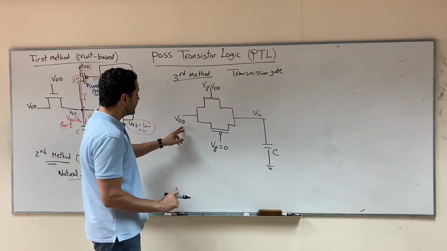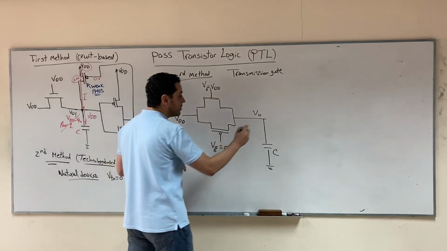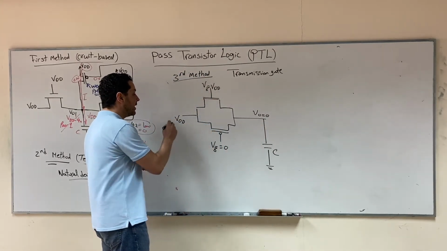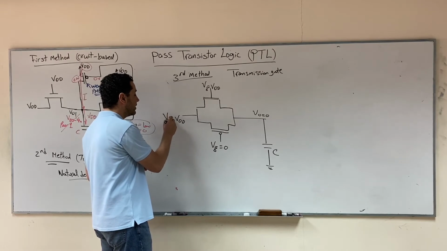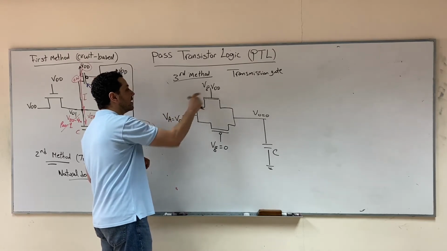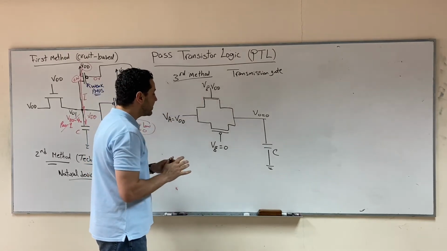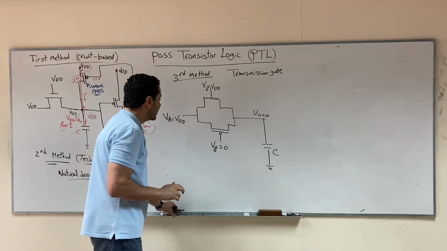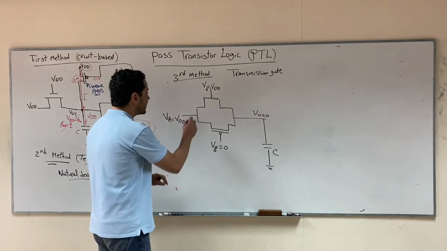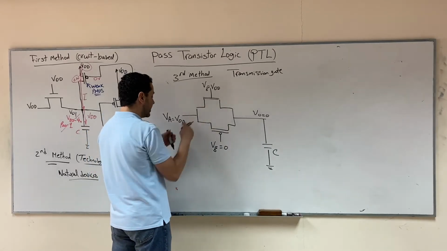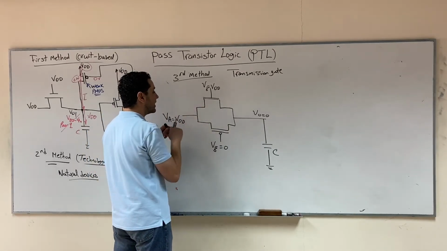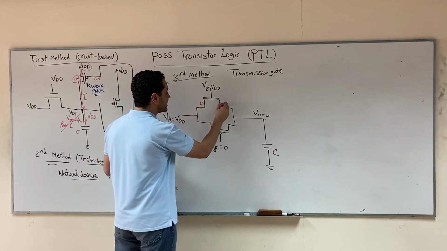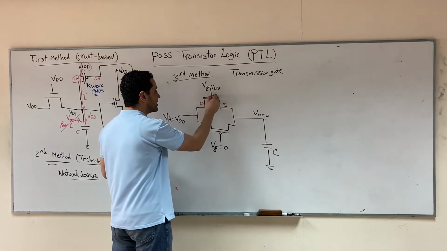Let's assume that in the beginning the output was 0, and we connected our two inputs, high and high. We have an NMOS transistor and a PMOS transistor, so let's see the terminals. For the NMOS transistor, this terminal is connected towards the high, so this is the drain, this is the source of the NMOS, and of course this is the gate.